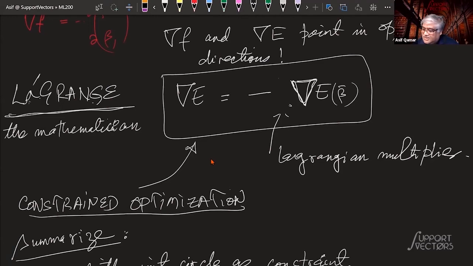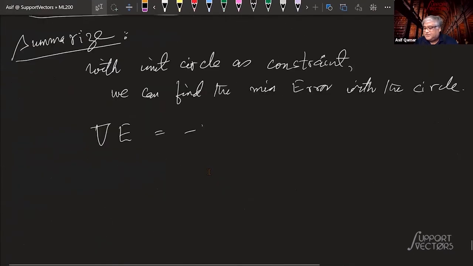Lambda multiplier. Typically, you put the lambda on the proportionality constant. Are we together? You put the proportionality constant on the constraint surface, not on the main function. It is just convention, nothing more.